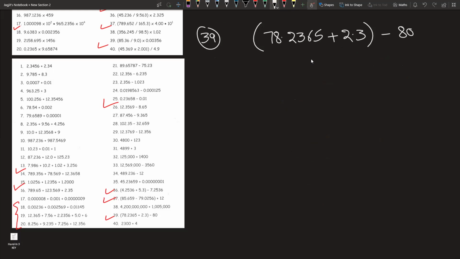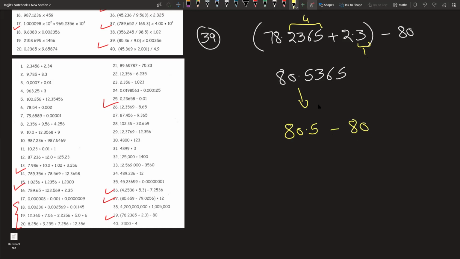So 78.2365 plus 2.3 is how much? That is 80.5365. Now, how many numbers were there after the decimal on this? 4. On this, only 1. My answer should have only 1. So this will become 80.5.